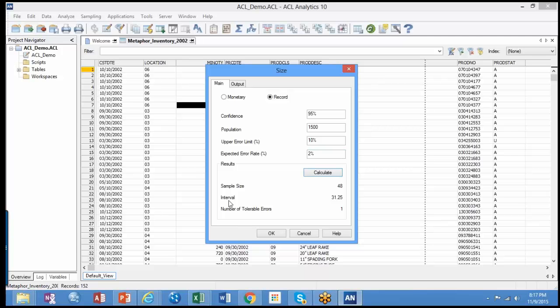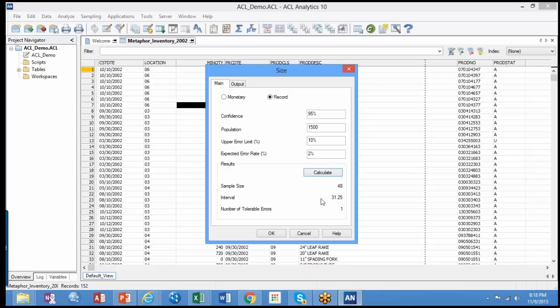I'll point this out: you notice that it says the interval rate is 31. Basically, if you have a stack of 1,500 documents, you just go through the documents and pick out every 31st item, and this becomes your appropriate interval. You can also pick it on a sample basis.